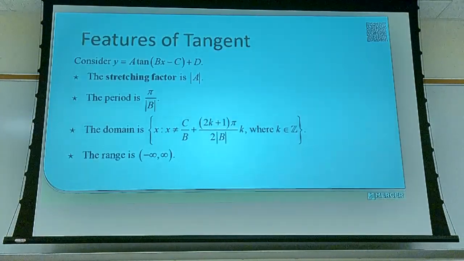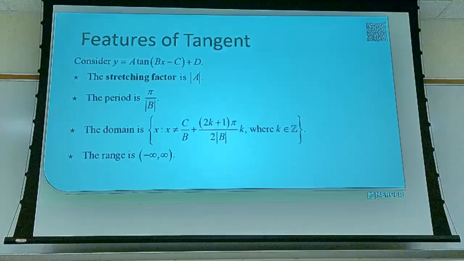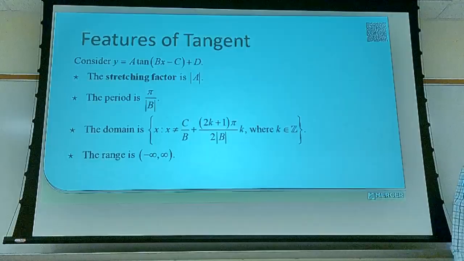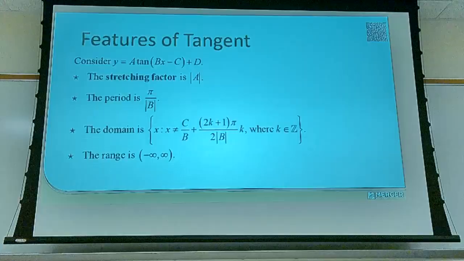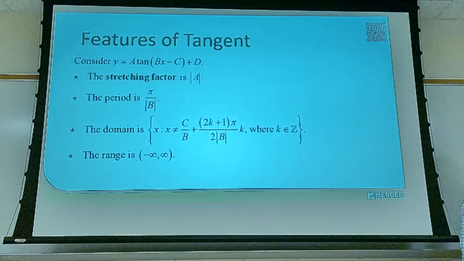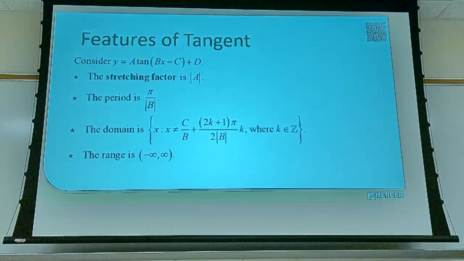However, range, all the numbers. So unlike sine and cosine, where you can only get -1 to +1, with tangent you can get everything out of it. Again, tangent is not really rational, right?